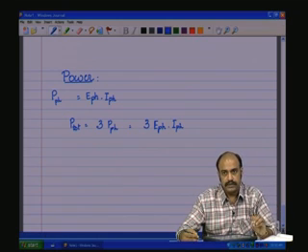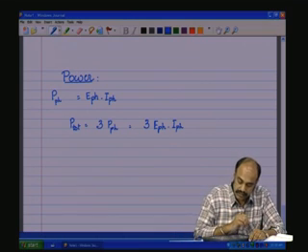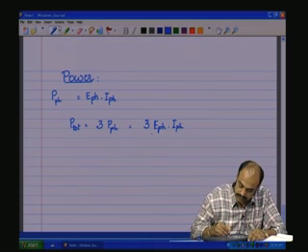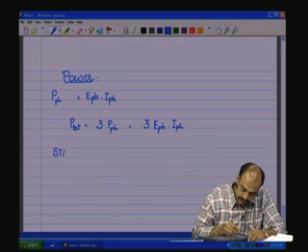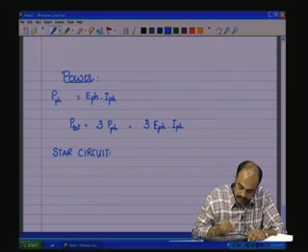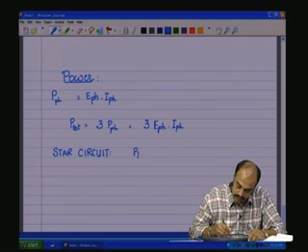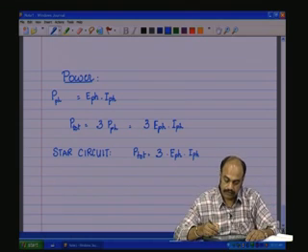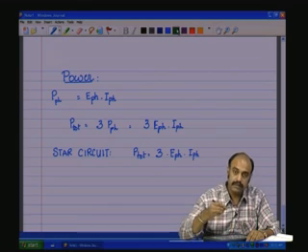Normally, we express the power in terms of the line parameters. So, if we have to express it in terms of the line parameters, let us say we first take the star circuit. We know that P total is equal to 3 times E phase into I phase. So, in the case of the star circuit, what is the relationship that we use?